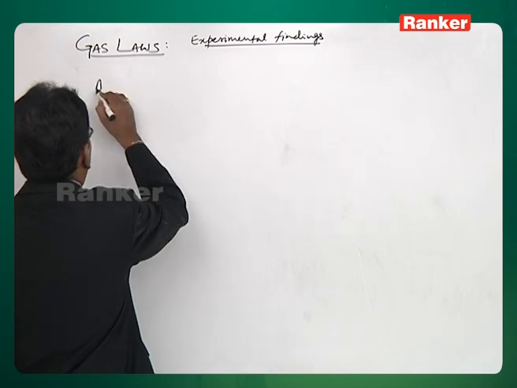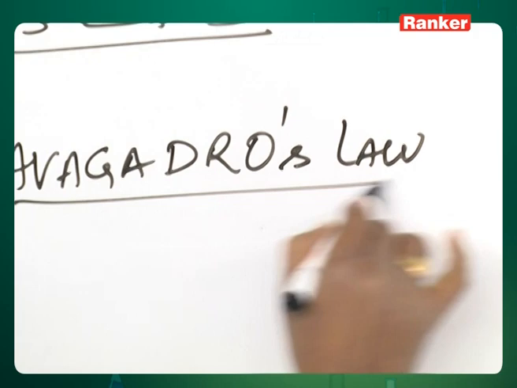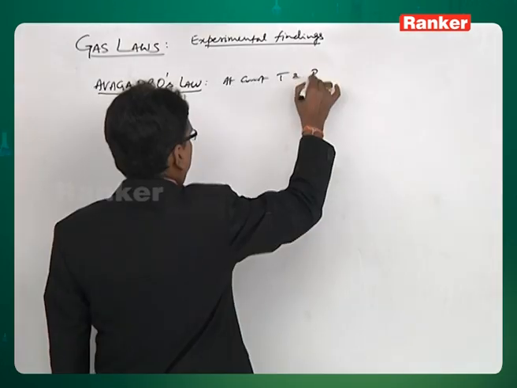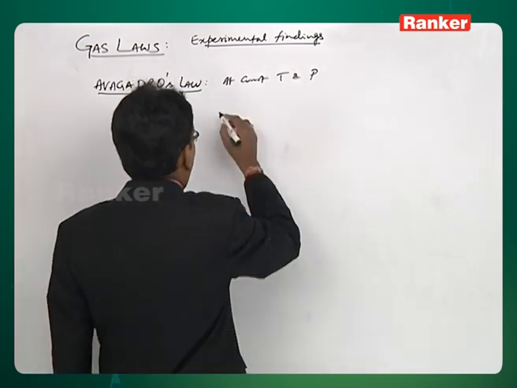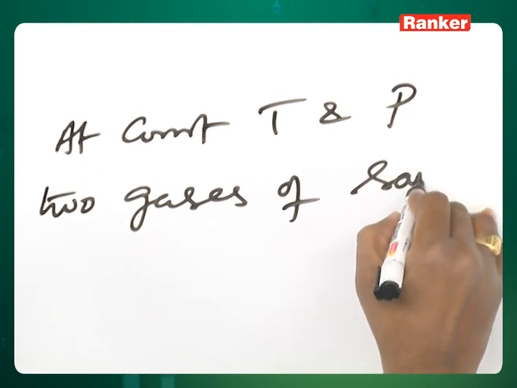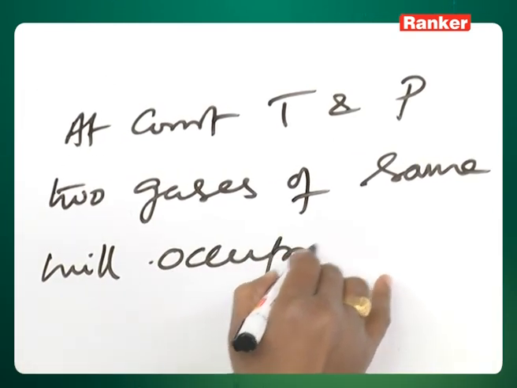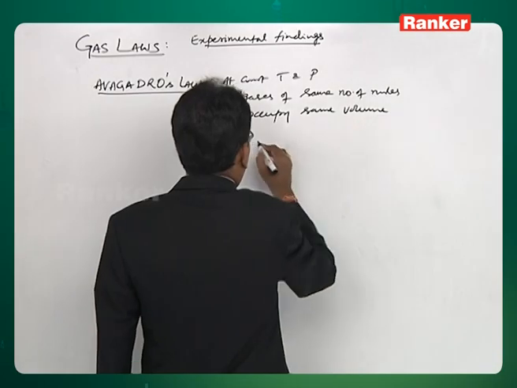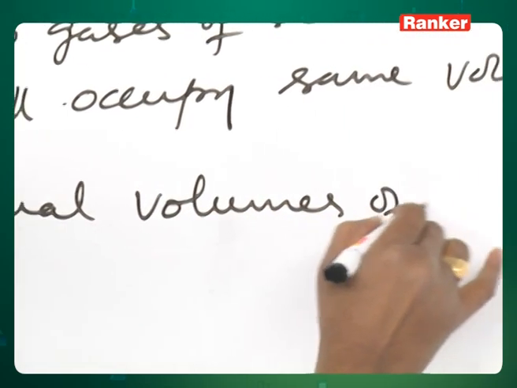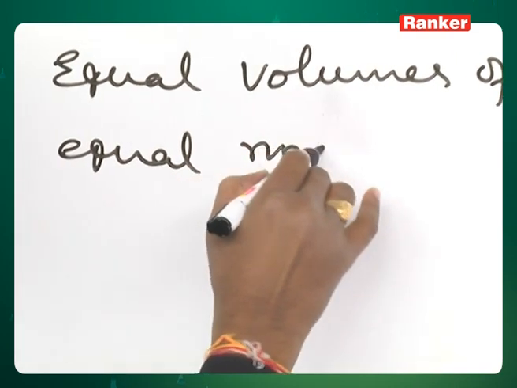The next what we have is Avogadro's law, according to which at constant temperature and pressure, two gases of same number of moles will occupy same volume, or equal volumes of gases will have equal number of moles.